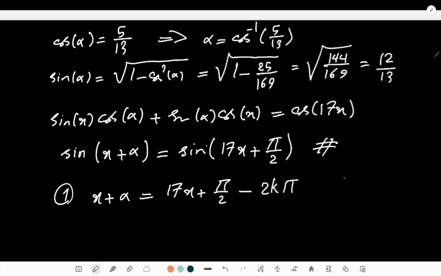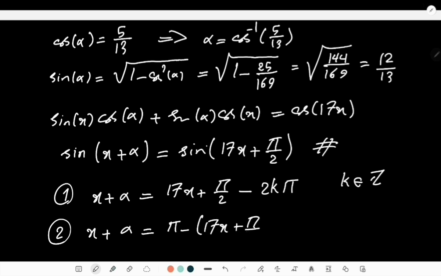And k basically belongs to Z, the set of integer numbers, and number 2 will be x plus alpha is equal to, again, pi minus (17x plus pi over 2) plus 2k pi. This time I consider 2k pi, and k again belongs to integer numbers.